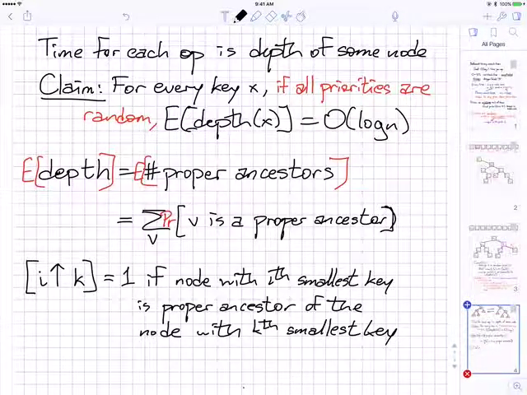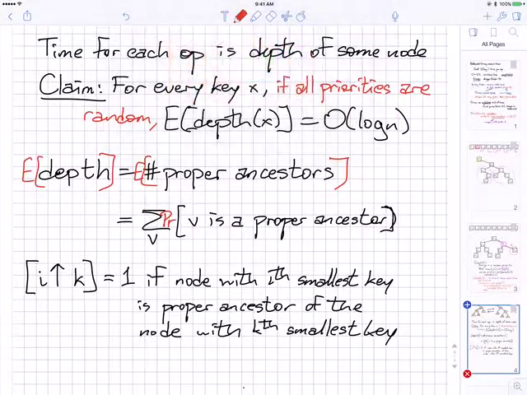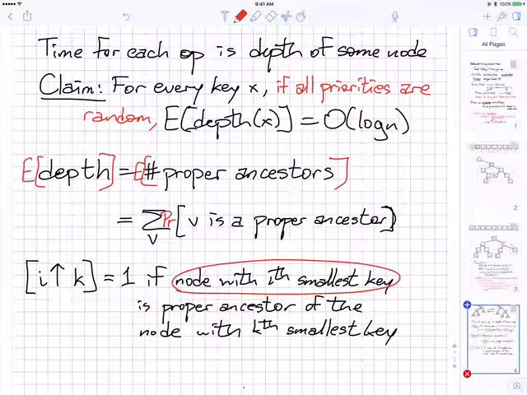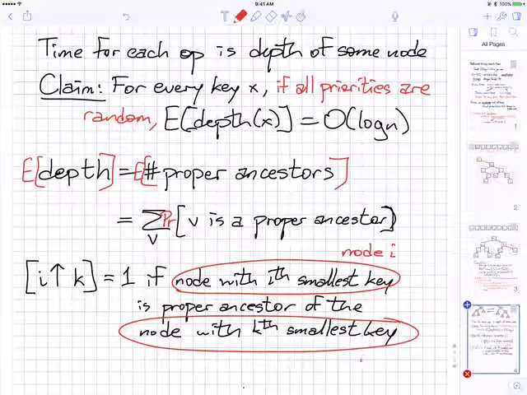I'm going to call this node i, and this node k. For the sake of argument, since it's really only the order of the keys that matters, I'm going to imagine that the keys are themselves the integers from 1 to n. And when I say node 5, I mean the node with key 5.